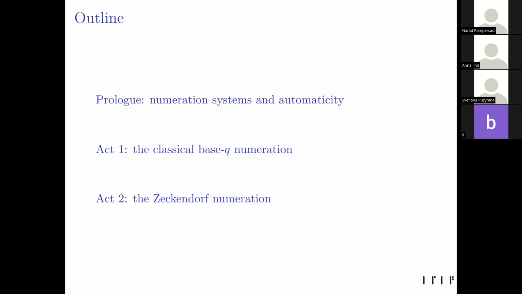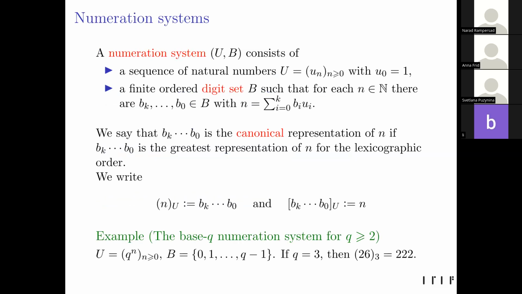So let's start with numeration systems. For us, a numeration system is just a pair made of U, a sequence of integers, and B, a set of digits, with the constraint that the first element of the sequence must be 1 in order to be able to express any integer.